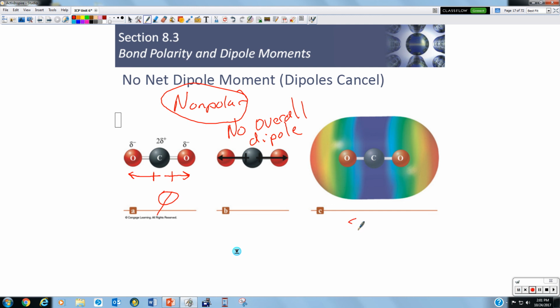It's symmetrical distribution. All right, so anytime you have symmetrical distribution of electrons, there's no dipole.